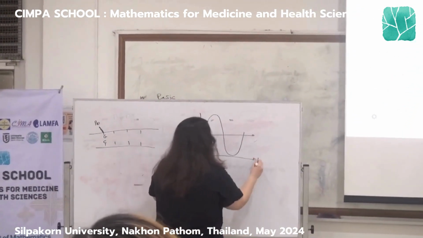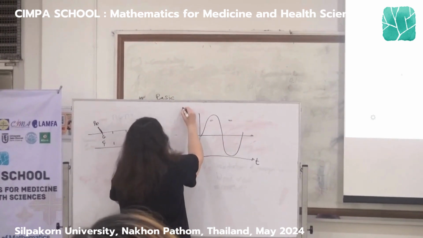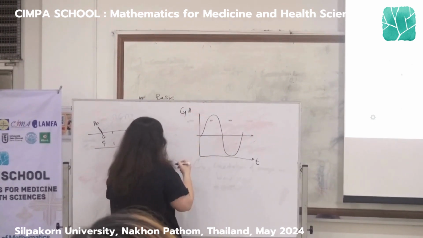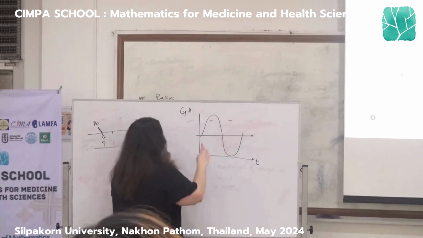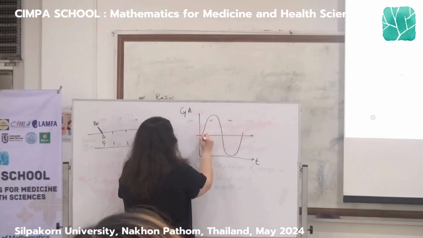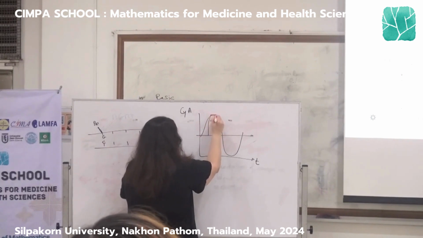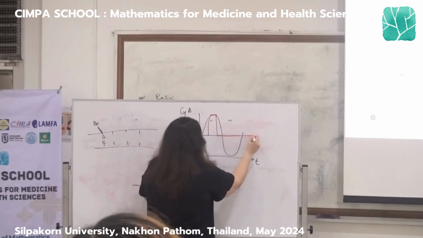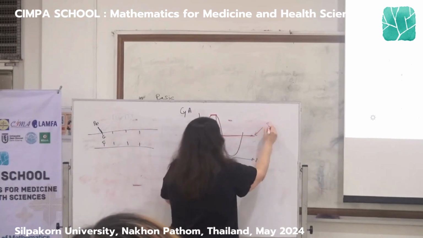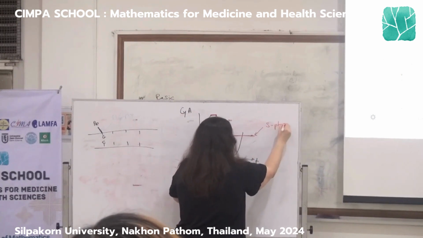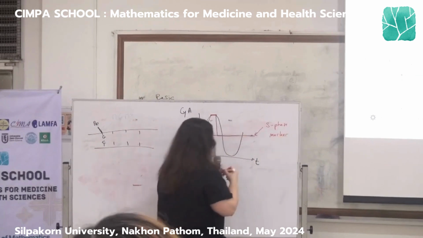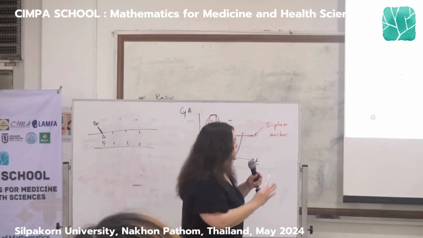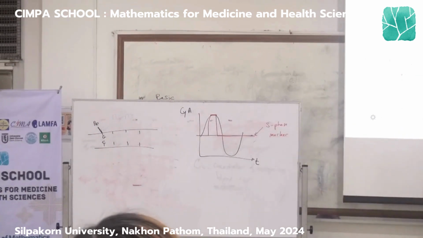So this is time. This is actually the cosine, and basically we say that we are in S phase whenever we are around here. So if I just put my marker, it's more or less that. This one is my S phase marker. Okay, that's it. So now I guess you can just have this in mind. This is an S phase marker.